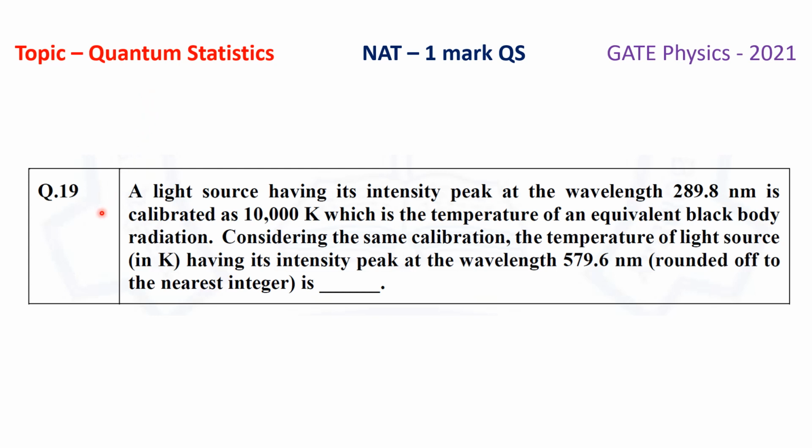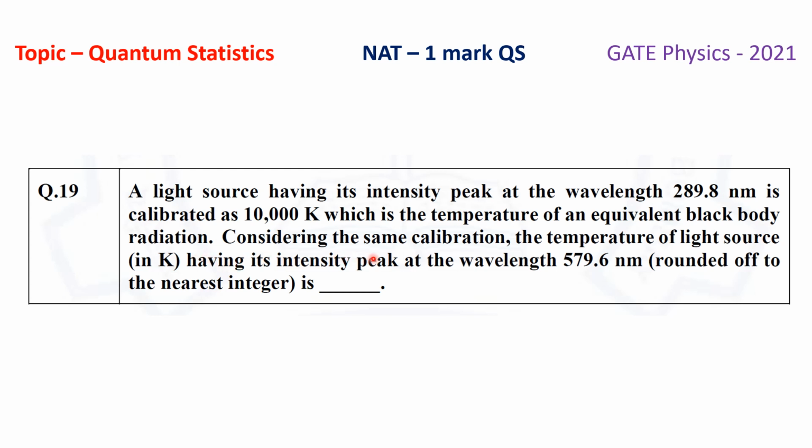The question is, a light source having its intensity peak at the wavelength 289.8 nanometer is calibrated as 10,000 Kelvin, which is the temperature of an equivalent blackbody radiation.